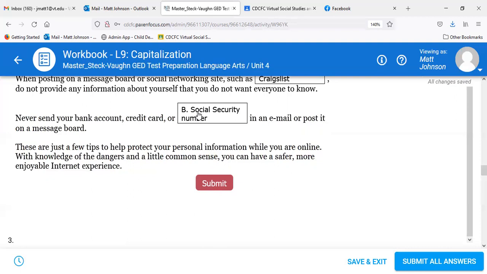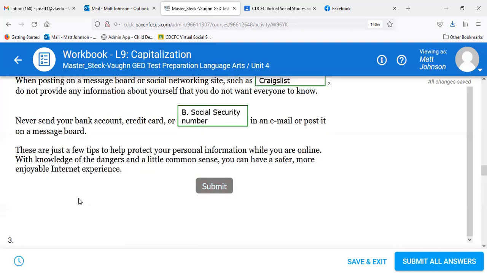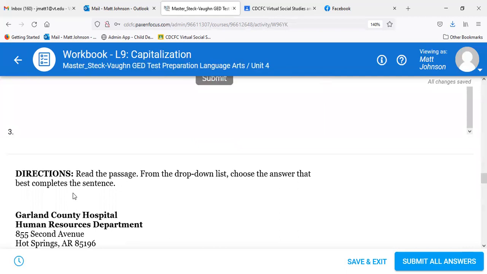It's an organization, and it's actually several different things. It's an organization, and it's a benefit that we receive. So it's capitalized. Number, of course, is not, because it can apply to anything less specific, but Social Security will be capitalized. Okay. All right.